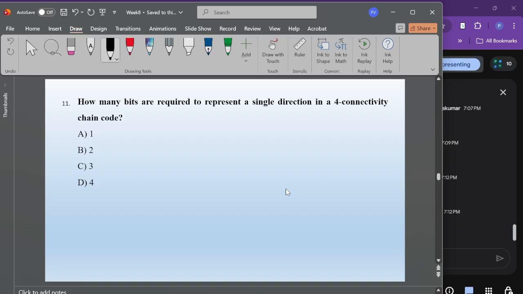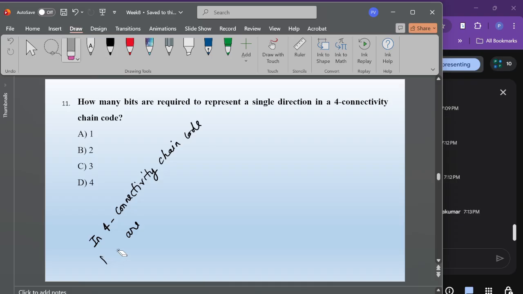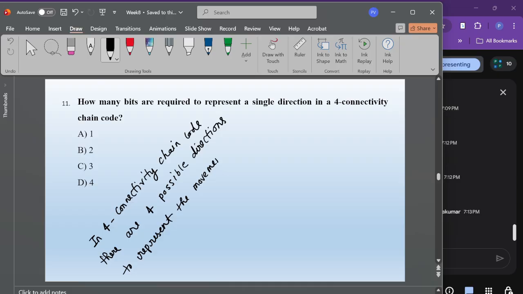So in a four connectivity chain code, there are four possible directions to represent the movement between the adjacent pixels, right?